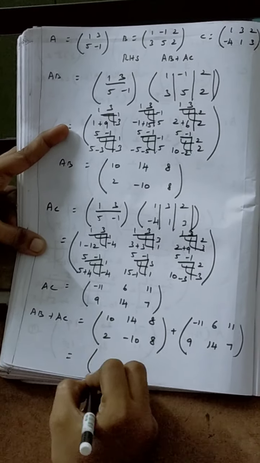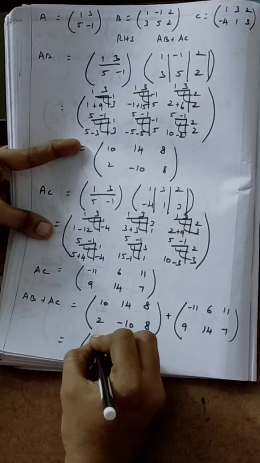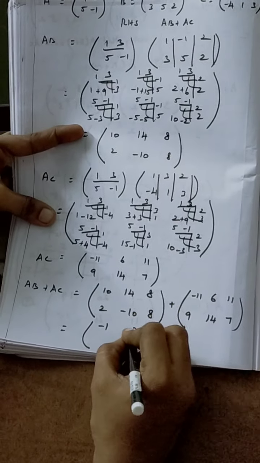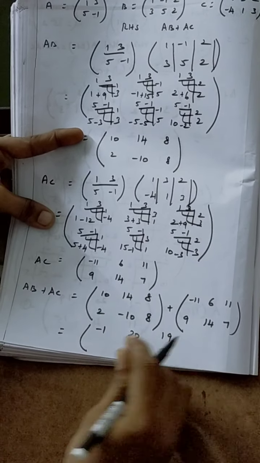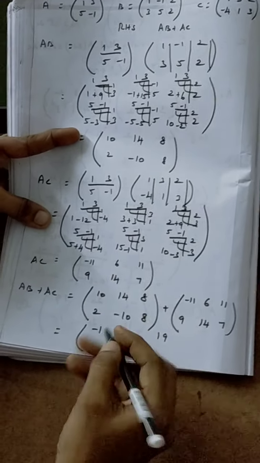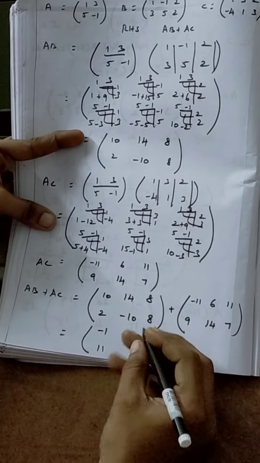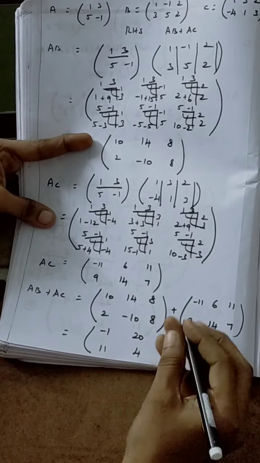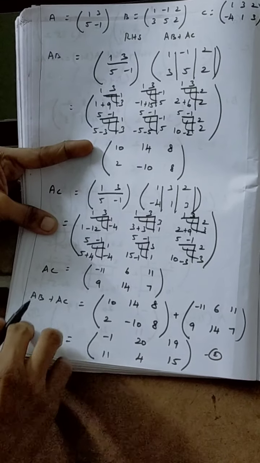So directly add the corresponding elements. 10 minus 11 is minus 1. 14 plus 6 is 20. 8 plus 11 is 19. 2 plus 9, 11. Minus 10 plus 14 is 4 only. So 8 plus 7, 15 is the second one answer.